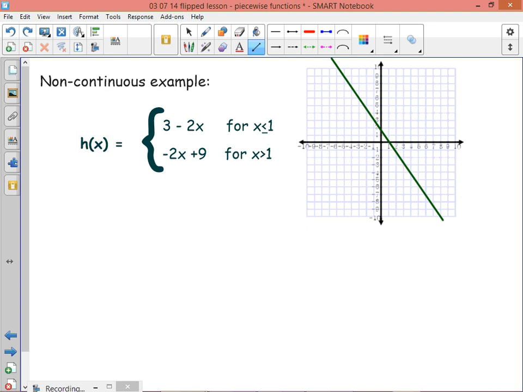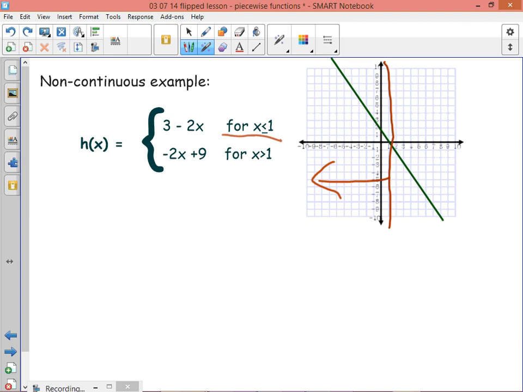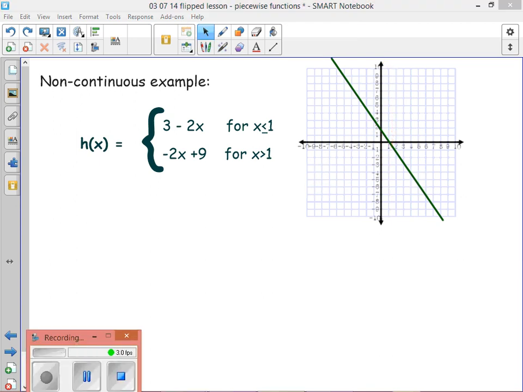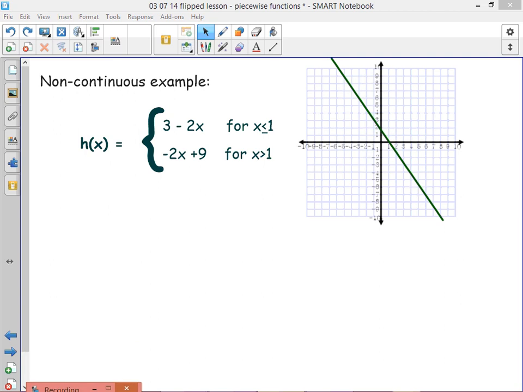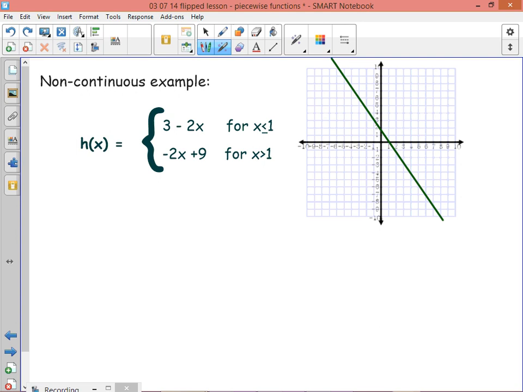Before I can go on, I know that this is only valid for when x is less than or equal to 1. So I draw an imaginary line at x equals 1. Okay, sorry about that. I know that I can only count the part that is less than or equal to that.